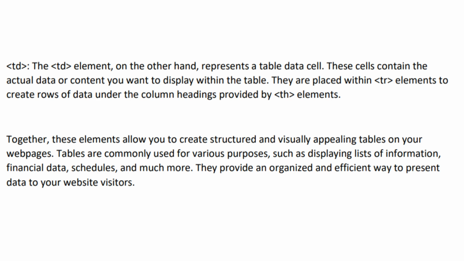Together, these elements allow you to create structured and visually appealing tables on your web pages. Tables are commonly used for various purposes, such as displaying lists of information, financial data, schedules, and much more. They provide an organized and efficient way to present data to your website visitors.